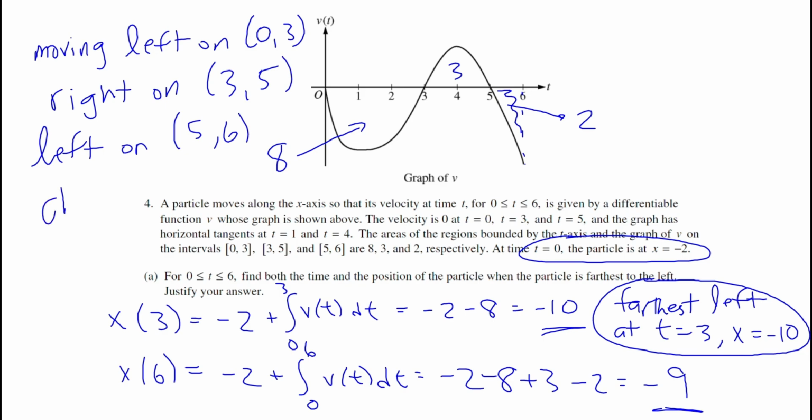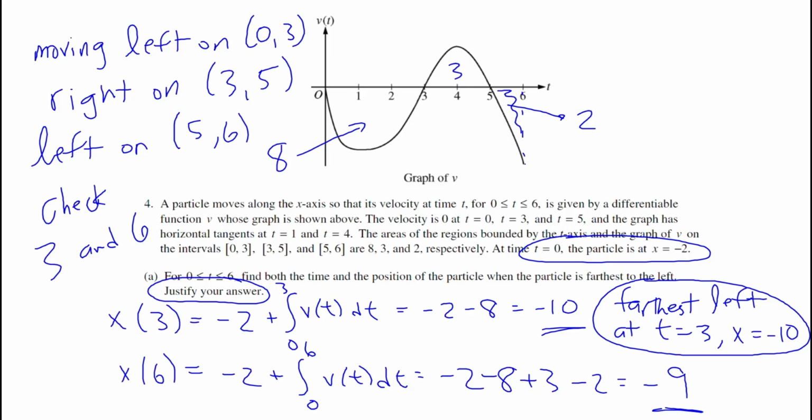And so we're checking only 3 and 6 as our 2 possibilities. So that's a bit of justification as to why we only checked 3 and 6, since it does say to justify your answer.